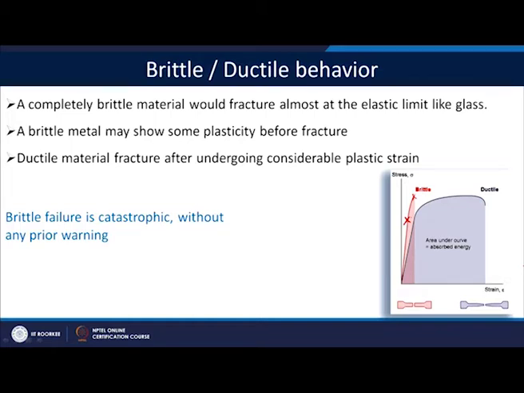Nowadays in glass also a lot of research is going on to make it tough. Sometimes you must have seen toughened glass on the windshield of an automobile. So, they are trying to increase the toughness of the glass also, so that if some small stone comes and hits the windshield, it should not fracture in those situations. And your mobiles, smartphones, all those glasses are toughened glasses.